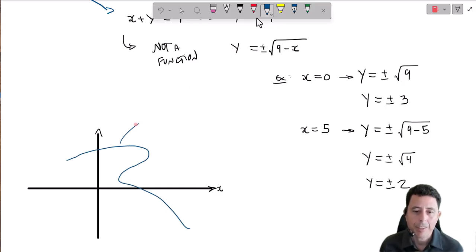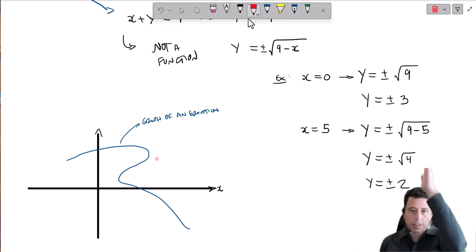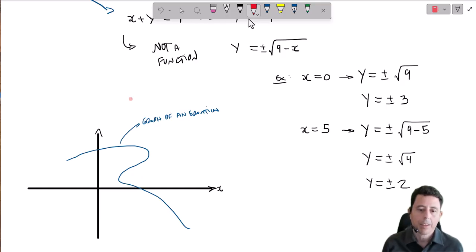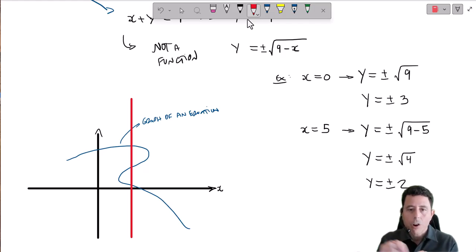Let's say this is the graph of an equation. And if you draw a vertical line like that, and the vertical line crosses the graph in more than one point, then the graph is not a function.